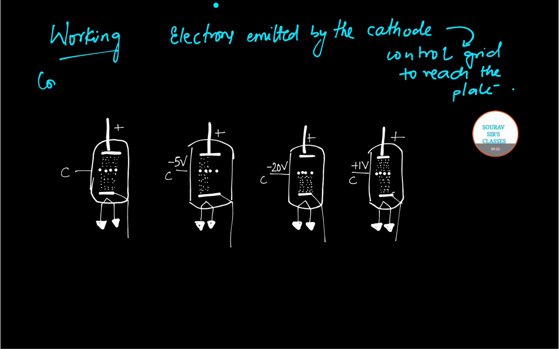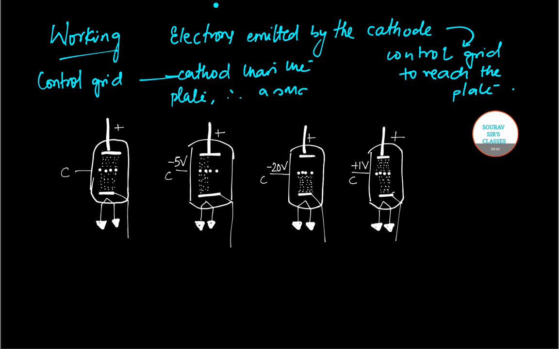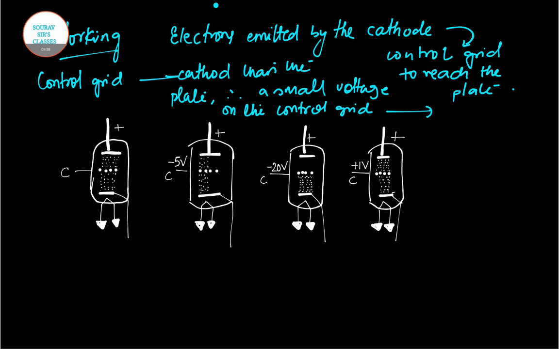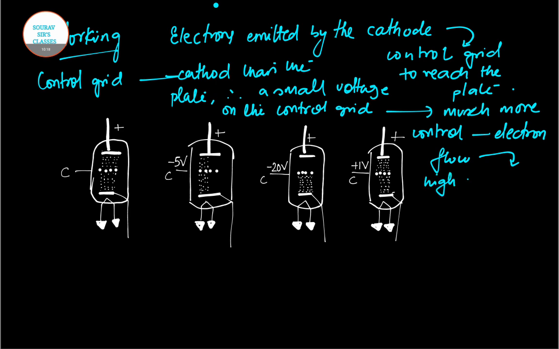Now as the control grid is closer to the cathode than the plate, a small voltage on the control grid has much more control on the electron flow than a comparatively high voltage on the plate.